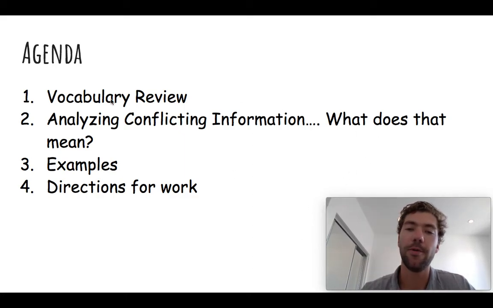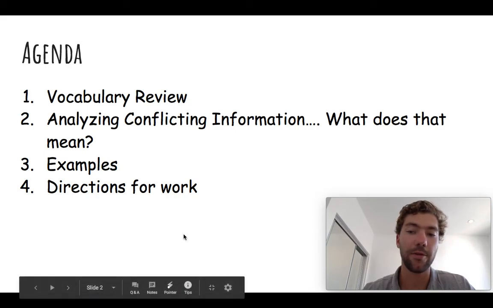Then I'll say what analyzing conflicting information actually means, because those are 3 big words. Then I'll talk about a few examples, and then give you directions for the work that's going to be due, which isn't much.